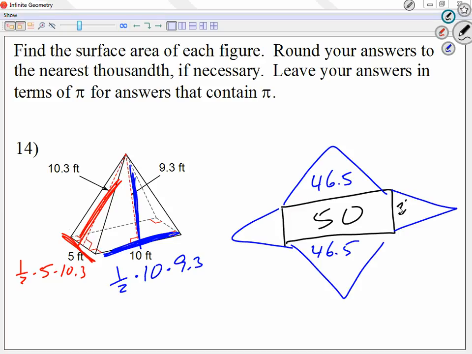Thank you. At the end, you should have 194.5. So it's a base and a triangle for each side.